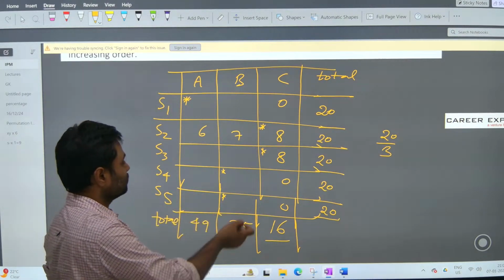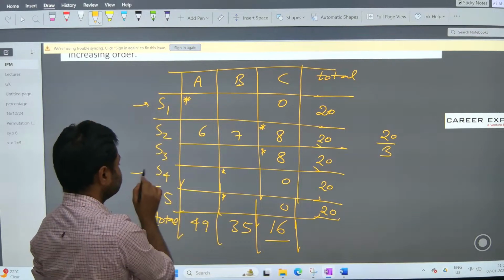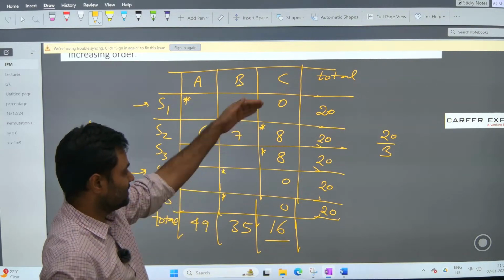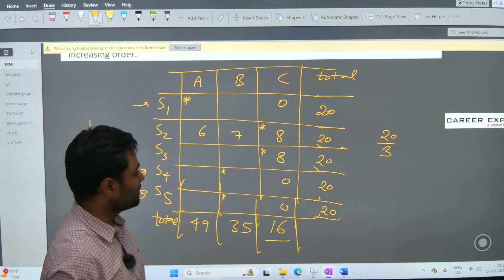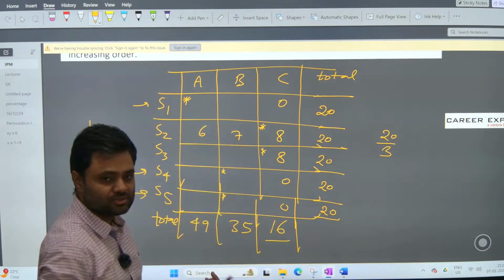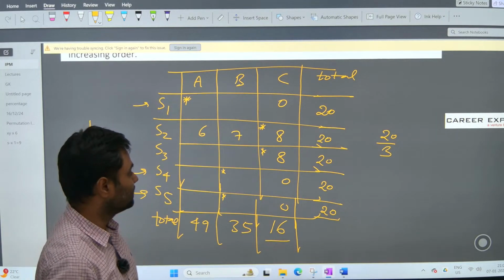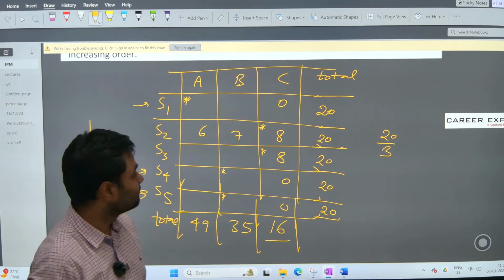Now let us move to the other constituencies S1, S4 and S5. Because party C gets 0 votes in these constituencies, we can say that there was only a 2-cornered contest. Only party A and B were contesting in these 3 constituencies.